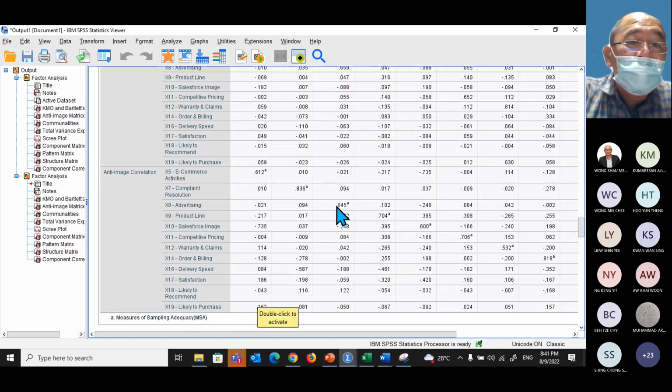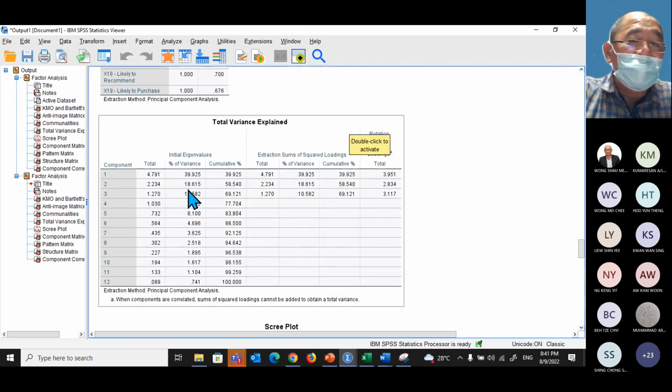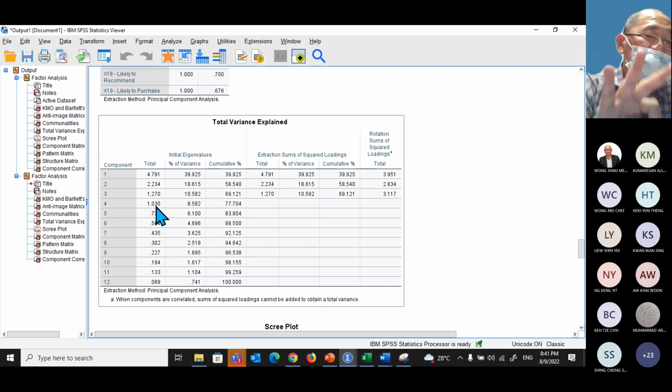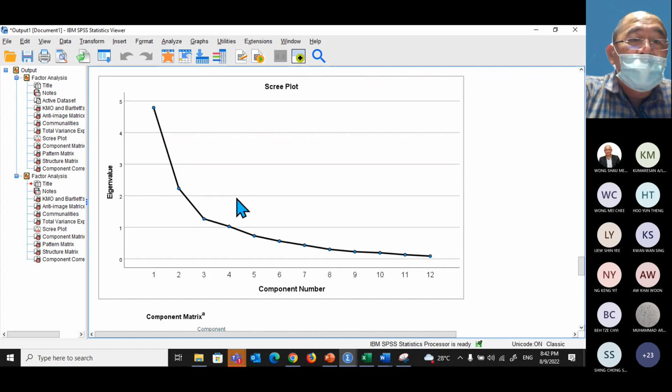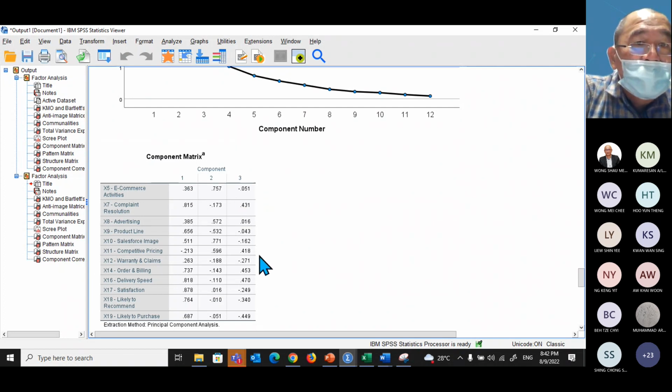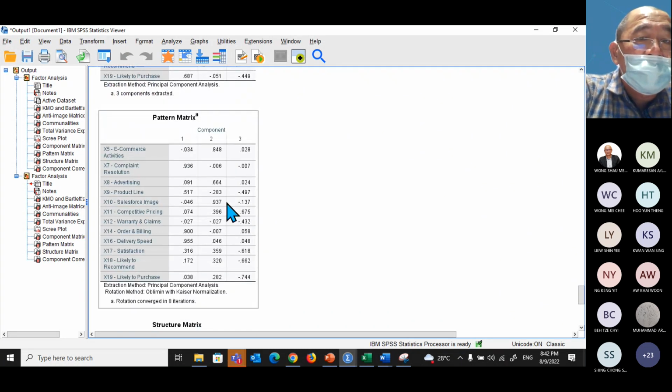So they only give us 3. You see here, eigenvalue even 1.0, but they did not consider it, because we already instructed the software to give us only 3 factors. You see the pattern matrix. It looks quite similar.